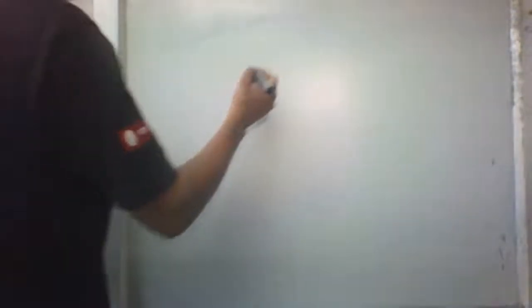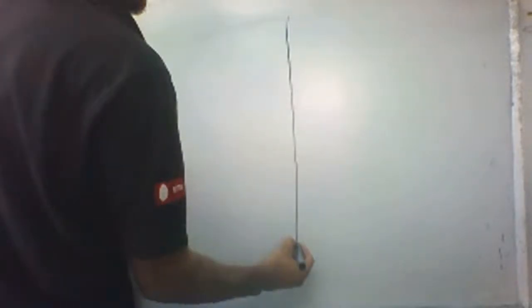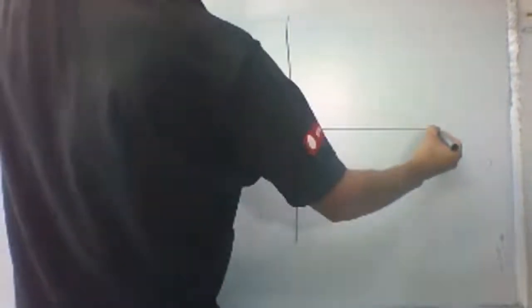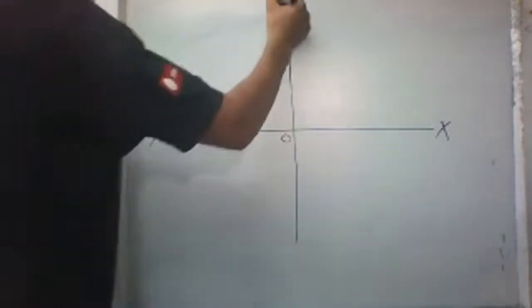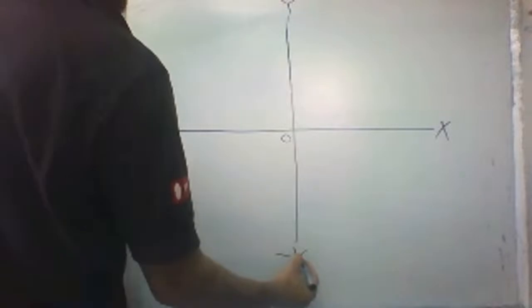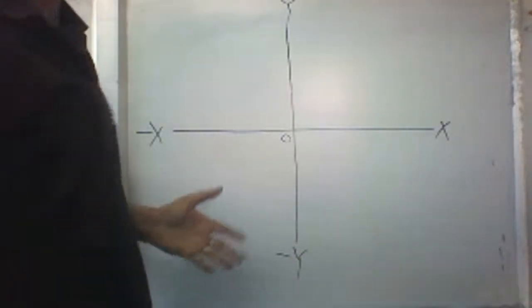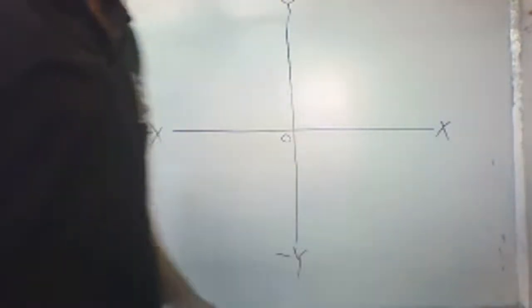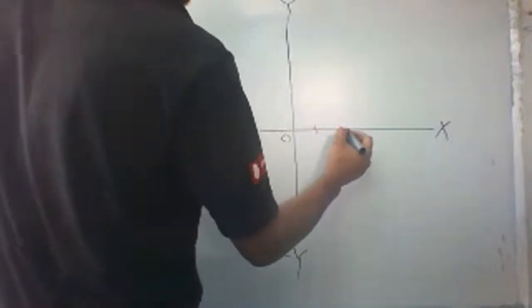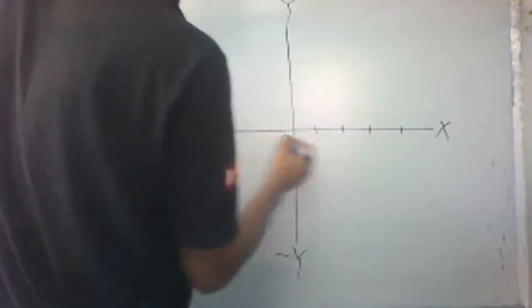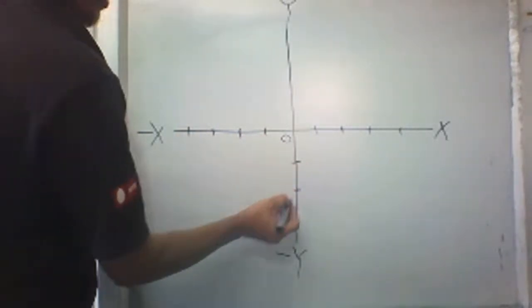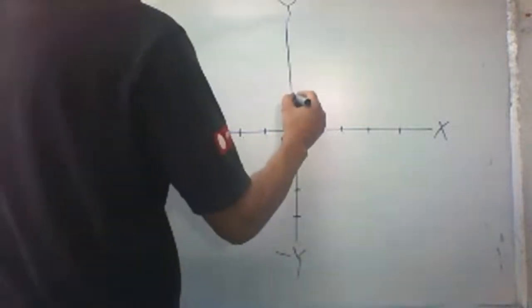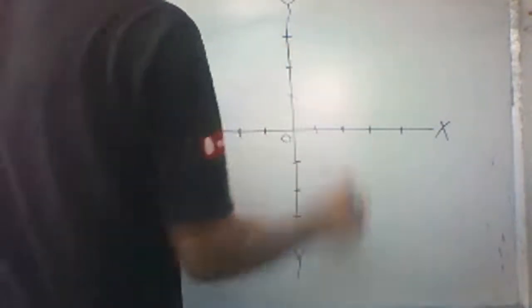Now, suppose we are going to plot a graph. I am making it a bigger one: origin, positive x, negative x, y, negative y. Although the graph is very big, don't think that I am going to tell you a very big thing, but it is important. 1, 2, 3, 4. Equal distances I am trying to make, although I don't have a ruler this time. No scale, but I am guessing.